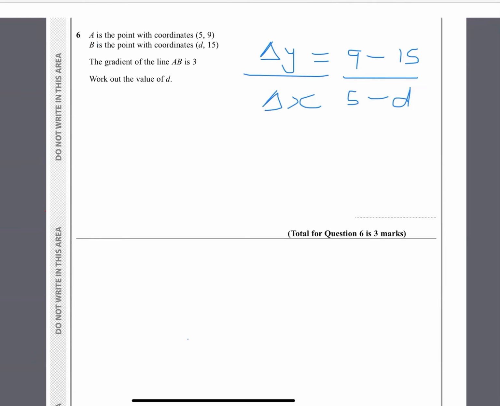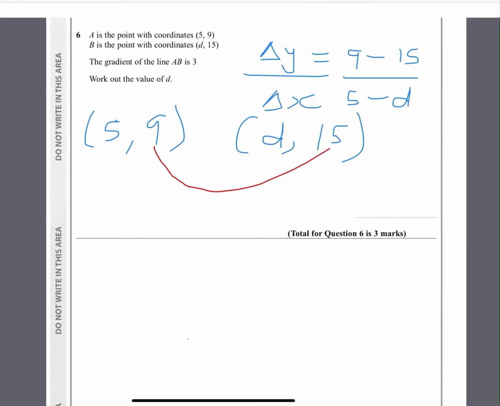Can you explain that again? Okay, so if you have 5 and 9, and we also have t and 15, you did your 9 minus the 15, right?